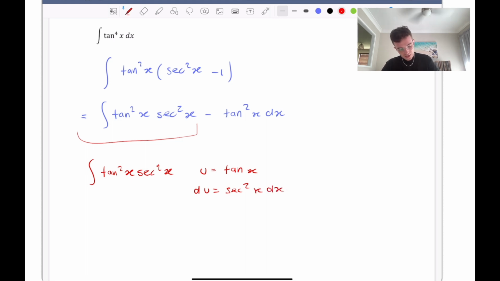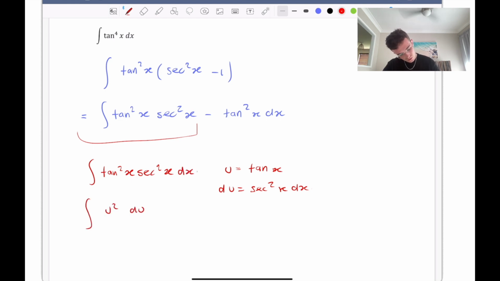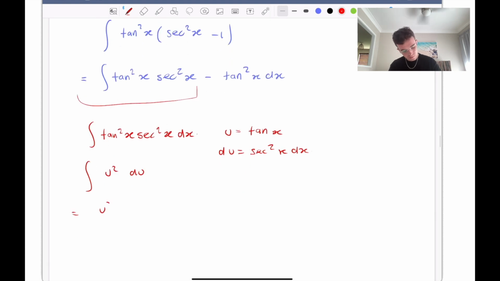So we've got a dx here at the end, so we can just replace sec squared of x dx with du. So this is the integral of u squared du, which is u cubed on 3 plus c. Now u is tan of x, so this is tan cubed of x on 3. We'll do the plus c at the end, but we do know it's there.